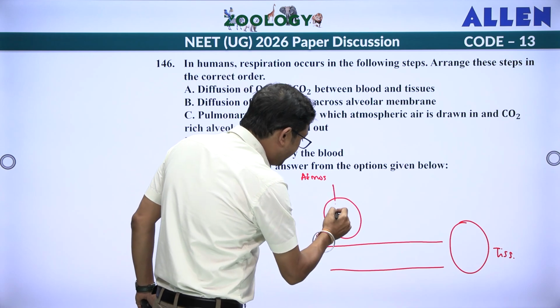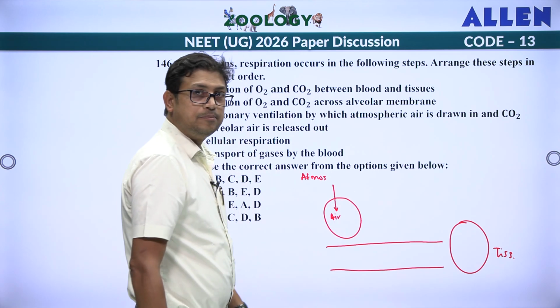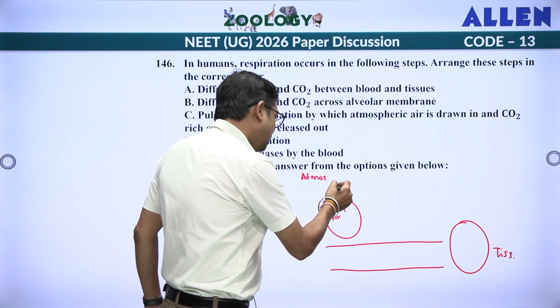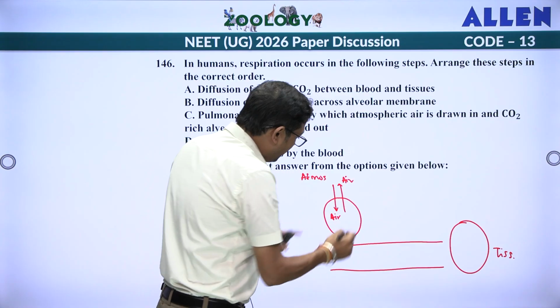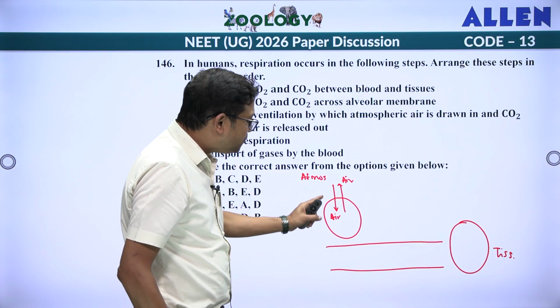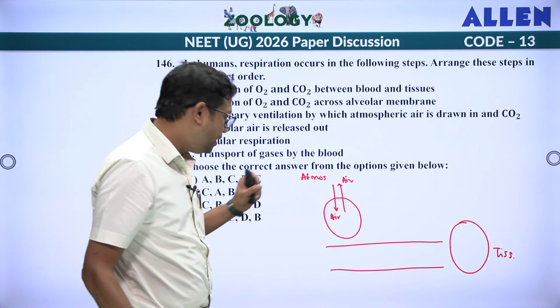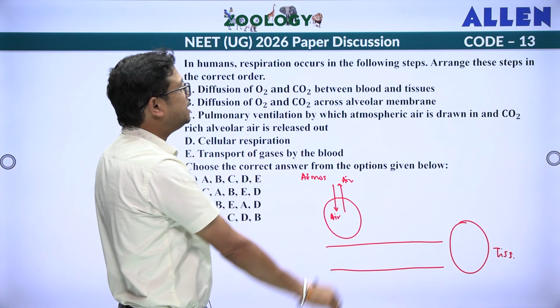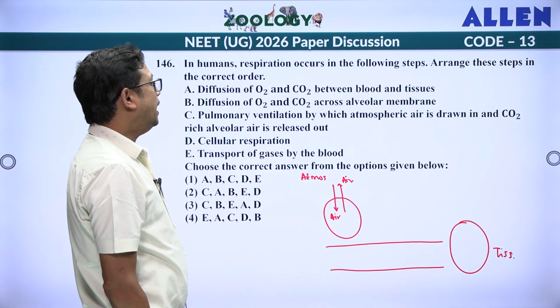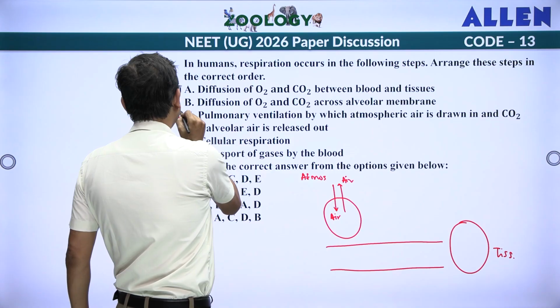From the atmosphere we take air into our lungs and throw out carbon dioxide rich air. That means the exchange of gases between the atmosphere and your alveoli is called pulmonary ventilation or breathing. So breathing should be first. So pulmonary ventilation, by which atmospheric air is drawn in and carbon dioxide rich alveolar air is released. So this should be the first one.